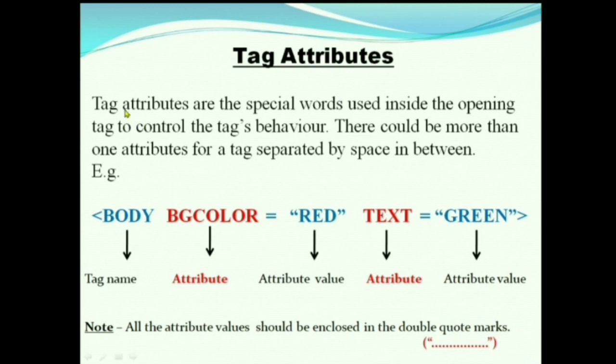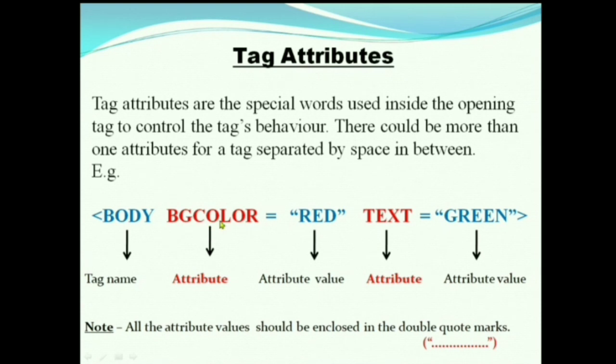Tag attributes. Tag attributes are the special words used inside the opening tag to control the tag's behavior. There could be more than one attribute for a tag, separated by space in between. Just like this. This is the body tag and this BGCOLOR and TEXT both are attributes.